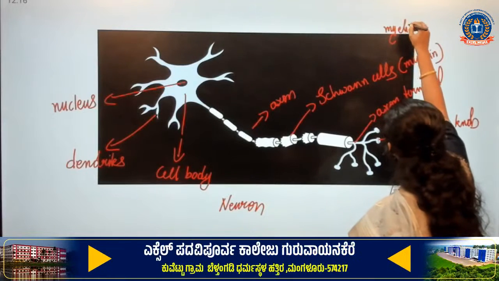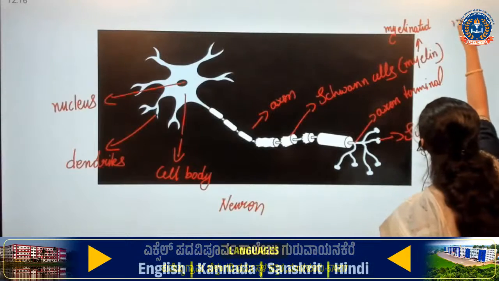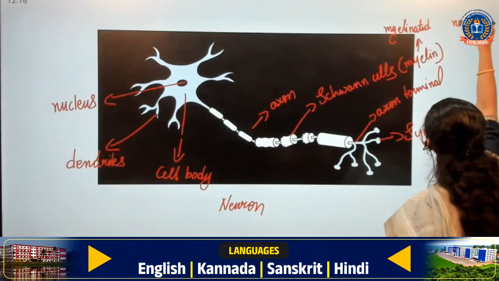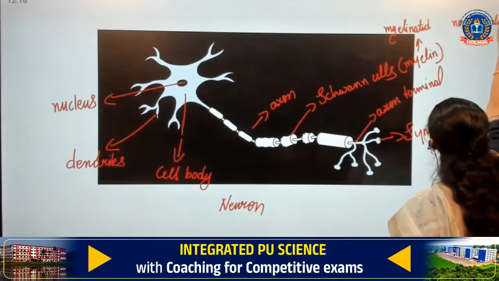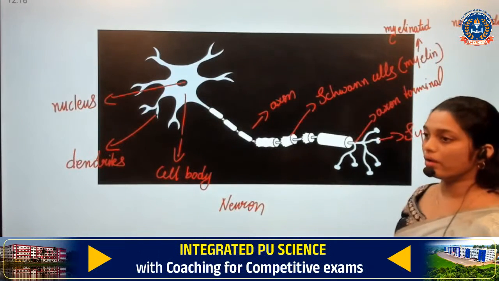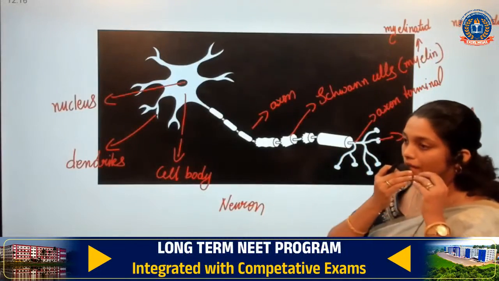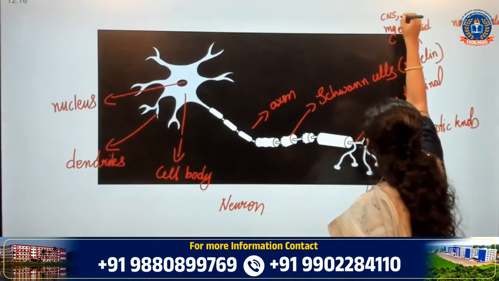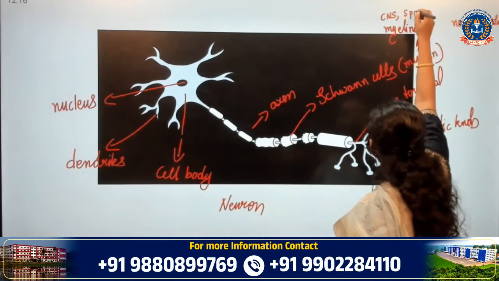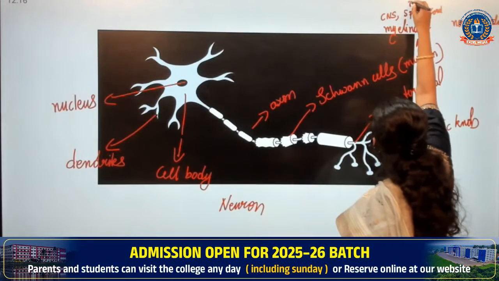There are two types, myelinated and non-myelinated. The myelinated ones are mainly found in the central nervous system, that is the spinal cord and brain region.